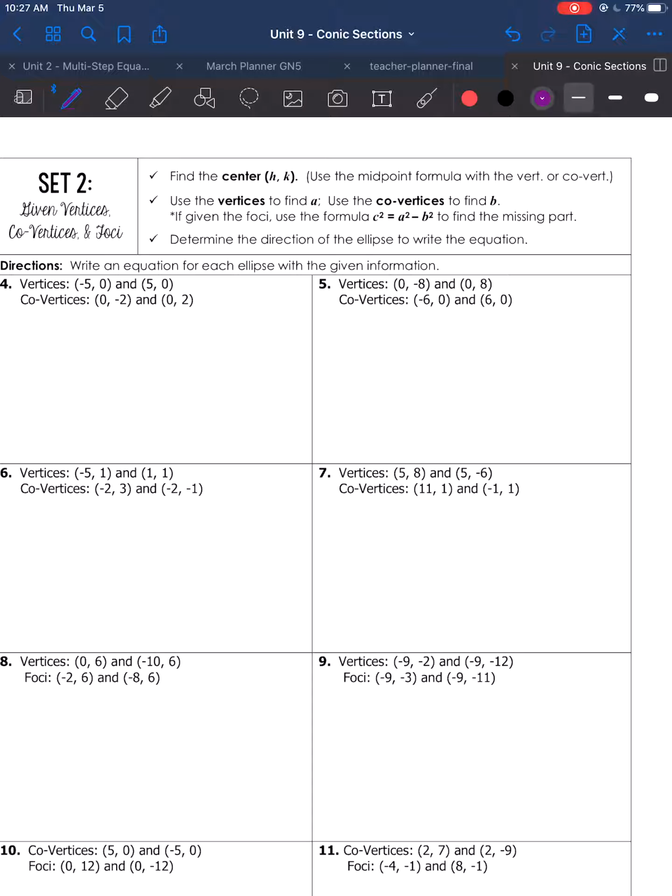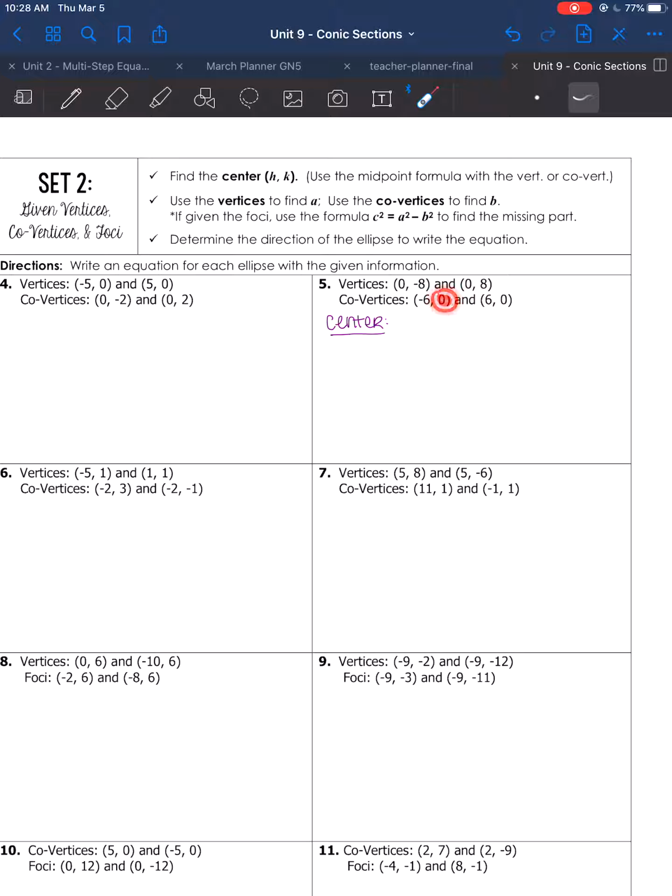But if you're given the foci, you need to use the formula c squared equals a squared minus b squared to find our missing part. And we also need to determine if it's vertical or horizontal. So let's find our center. If you notice here, the zeros are the same and the 8s are what changes.